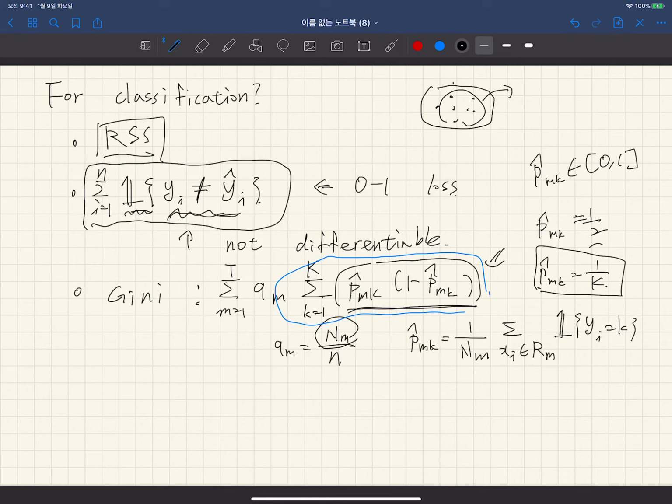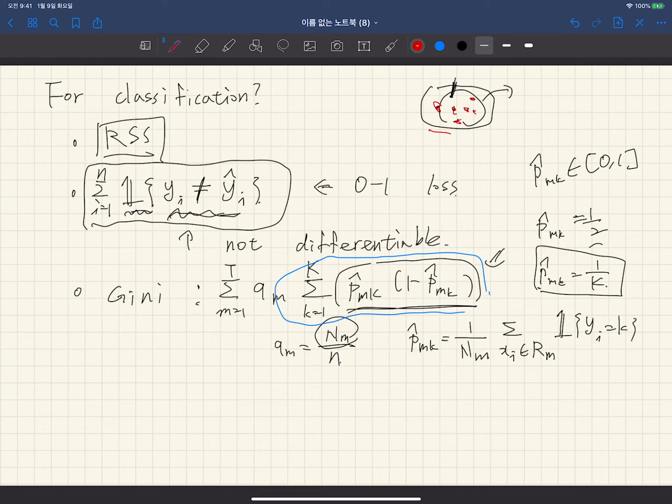When you pick one as the reference or representative label, all the remaining data points will be misclassified, right? So as p hat becomes equally distributed, the quality of your output becomes worse. So the Gini index is a measure that can assess this kind of property.